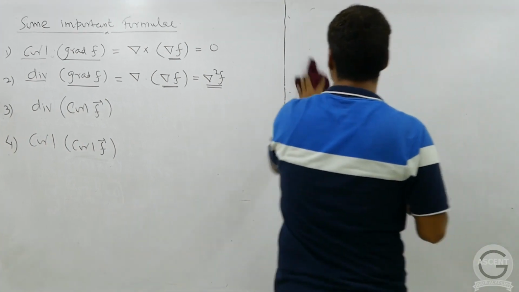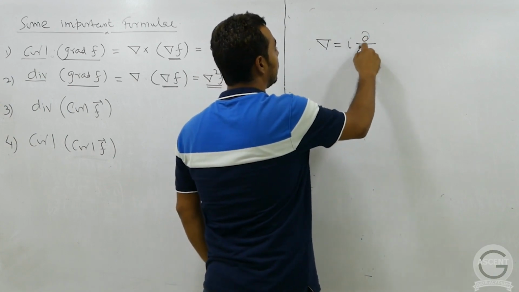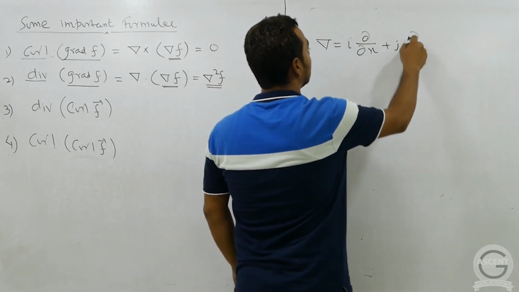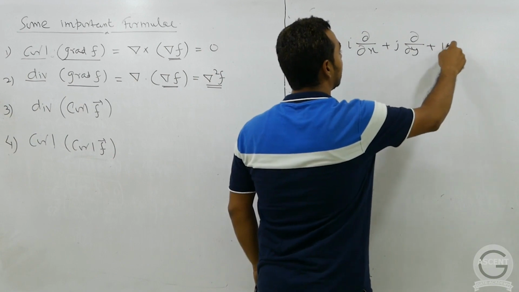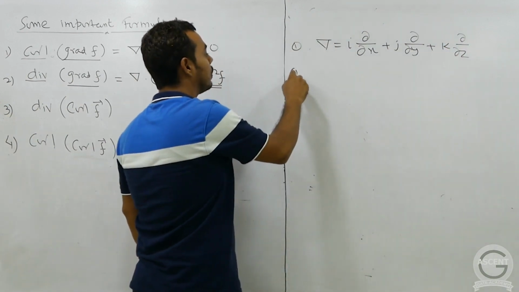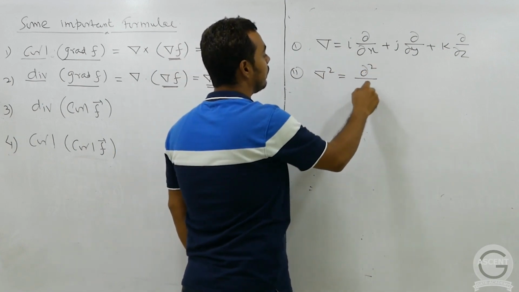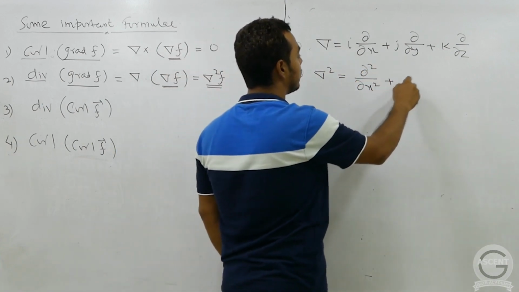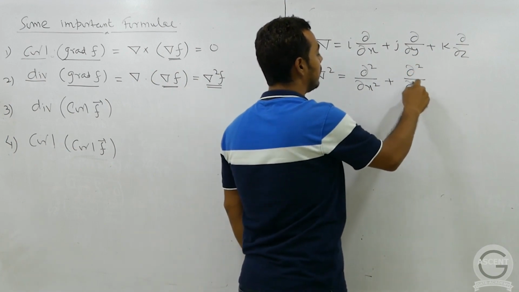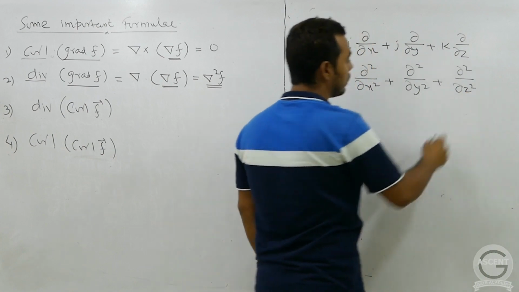Okay, let me explain this thing. This del operator was i del by del x plus j del by del y plus k del by del z. So this was the del operator. Now this del square operator is defined as second derivative with respect to x plus second derivative with respect to y plus second derivative with respect to z.